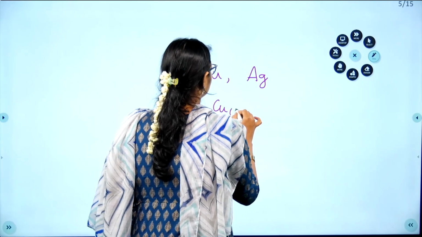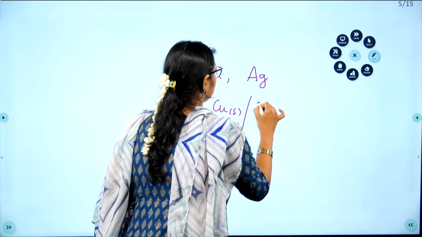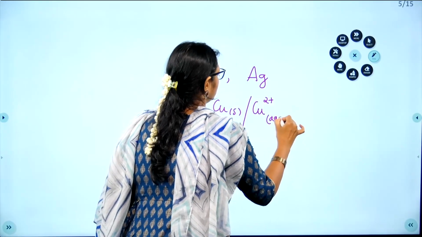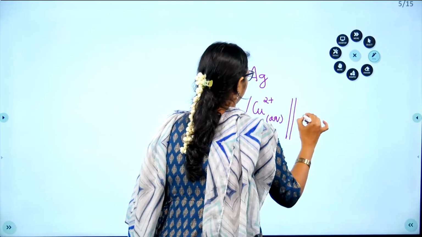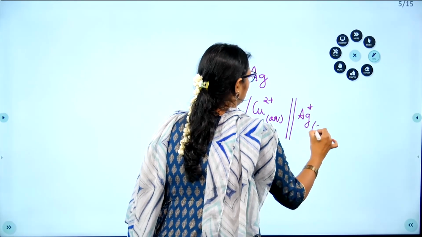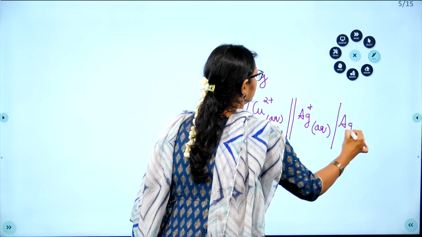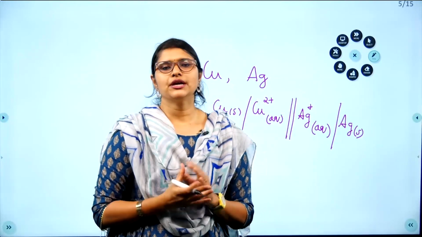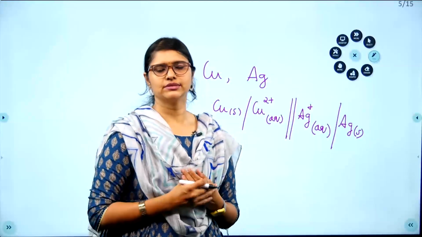So Cu solid, single slash, Cu2 plus aqueous, double slash, Ag plus aqueous, single slash, Ag solid. Okay, so this is the IUPAC convention when copper and silver are given to us.